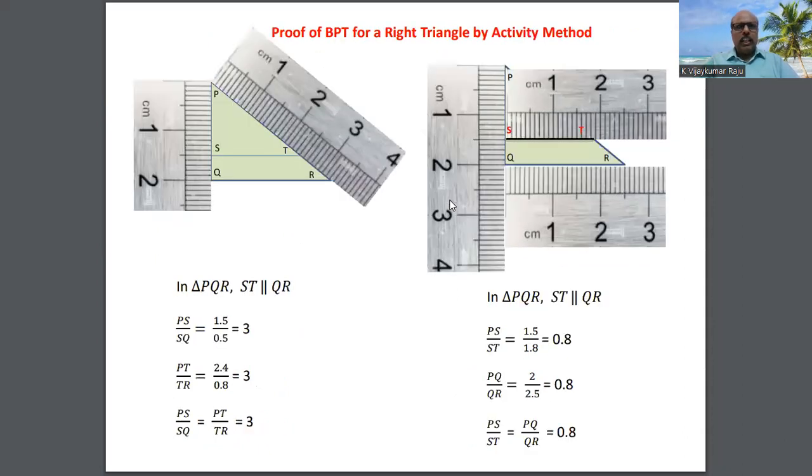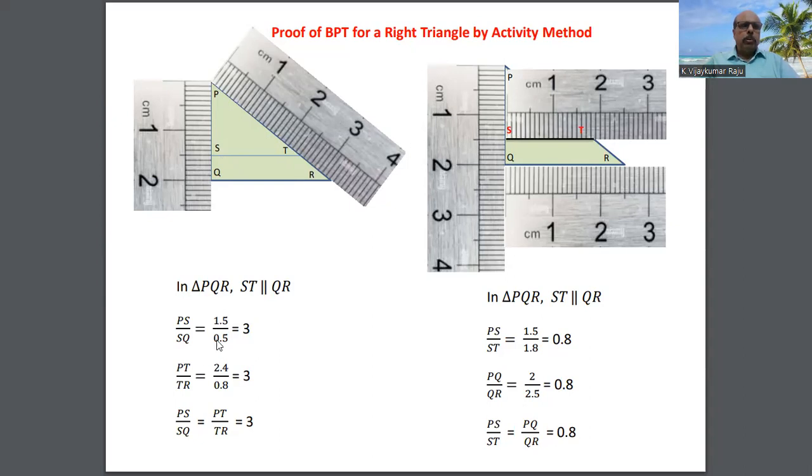Now let us take another triangle, that is, now I am taking a right angle triangle. In this right angle triangle, I have drawn ST parallel to QR of triangle PQR. Now ST is parallel to QR. That means now you find the ratio of PS and SQ. PS is 1.5 centimeters and SQ is 0.5 centimeters.